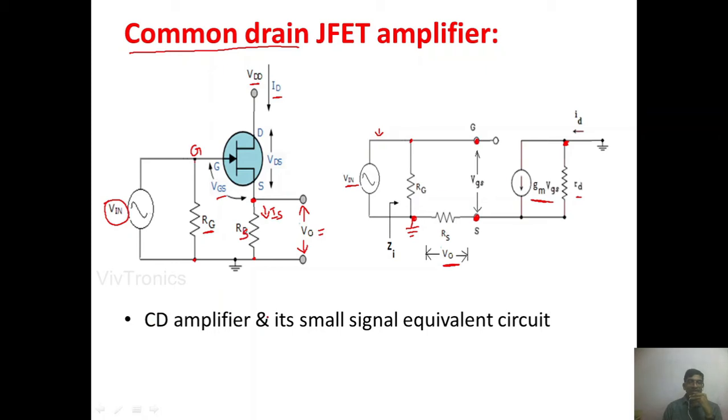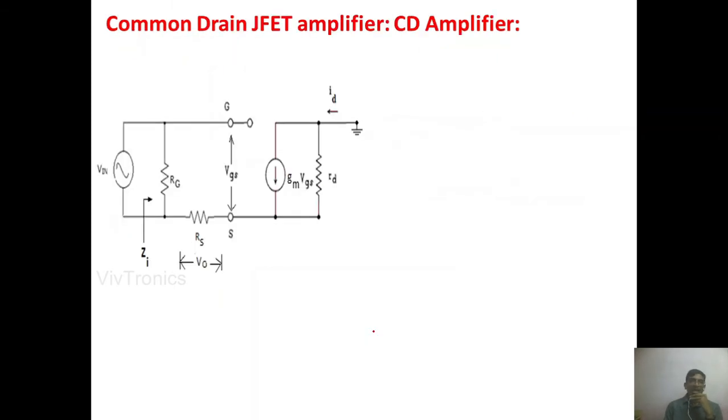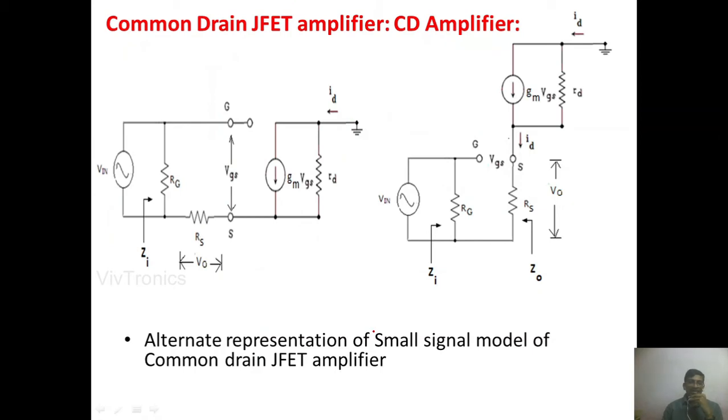The CD amplifier and its small signal equivalent circuit are shown in the figure. We can alternately represent the small signal model of the common drain JFET amplifier like this. Here RS was connected between the source and the ground terminal, so I make this the ground terminal and shift RS to a vertical direction.